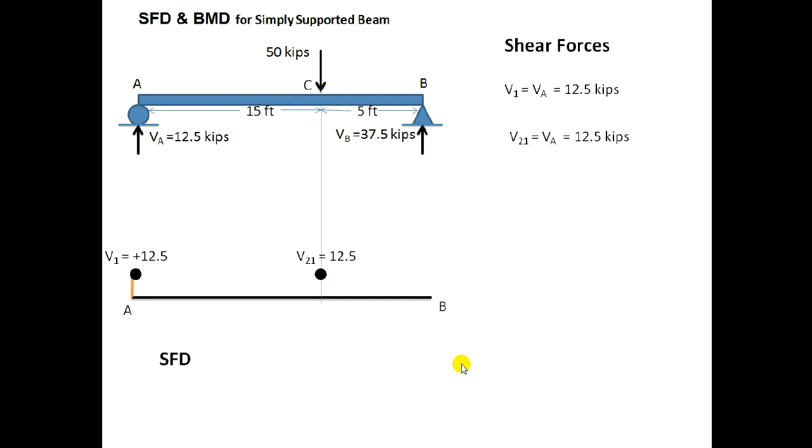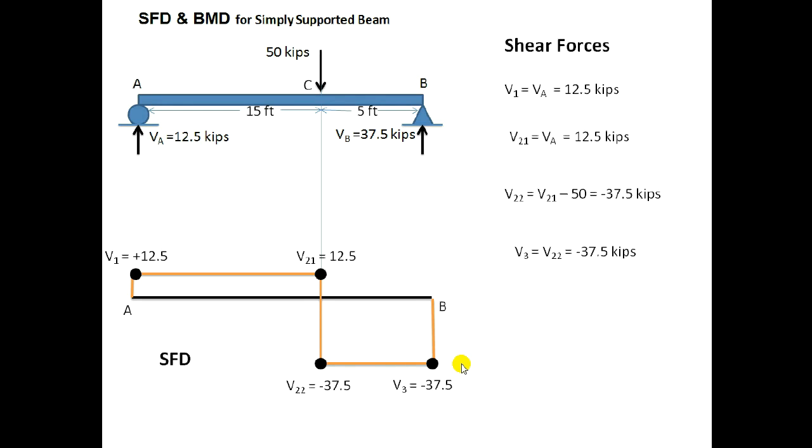And shear force at point C is the same as at point A because there is no shear changing between A and C. And at point C the shear force will be 37.5, and now the V3 is the same. V3 is the shearing force at point B, which is equal to V22, shearing force at C.